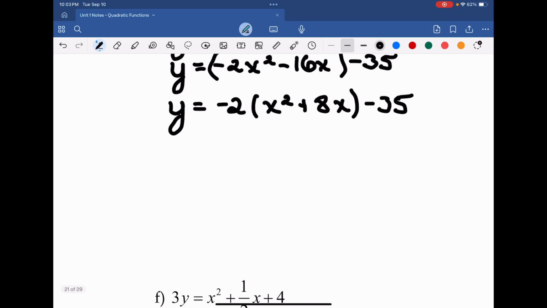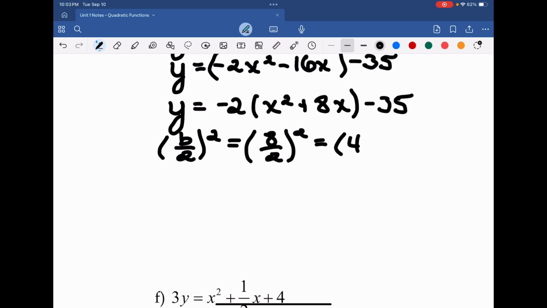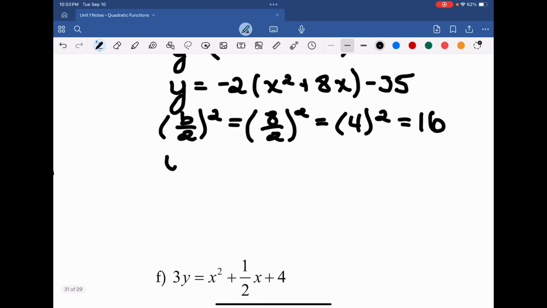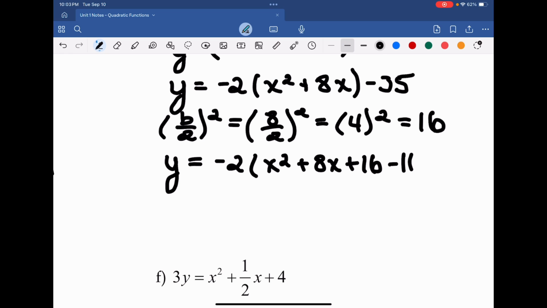Now from here, what we're going to do is take the b value, divide it by 2, and square it. This is going to be equal to 8 divided by 2, all squared, which is equivalent to 4 squared, which is equal to 16. Now from here, we're going to plug that in for that third term. So it's going to be negative 2 on the outside, x squared, positive 8x plus 16 minus 16, close the bracket, subtract 35.